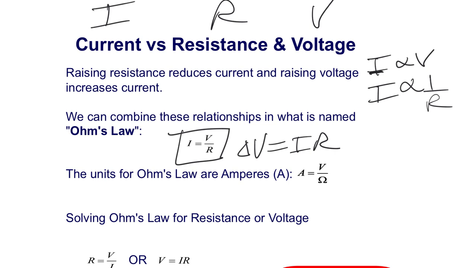The units for voltage, or potential, are volts, or joules per coulomb. The unit for current is the amp, and the unit for resistance is ohms. An amp, we said, is a coulomb per second, but it's also a volt per ohm.